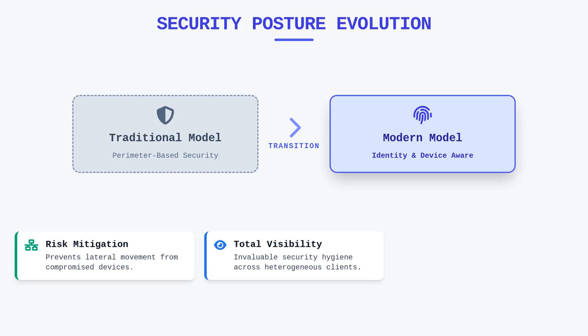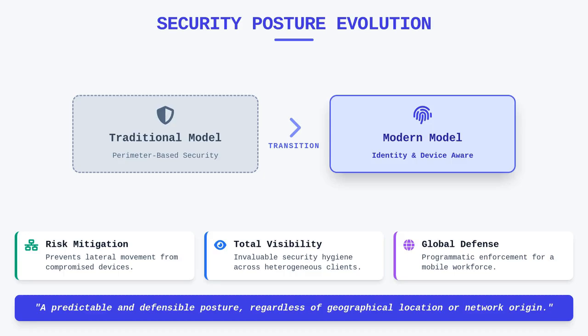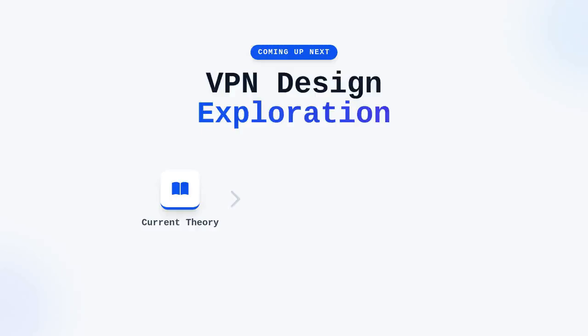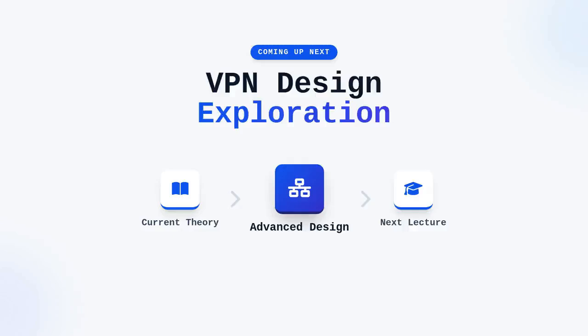You are now equipped to define standard security postures and enforce them programmatically at the point of ingestion. This creates a predictable and defensible posture for your mobile workforce, regardless of their geographical location or network origin. We will continue our exploration of VPN design in the upcoming lecture.